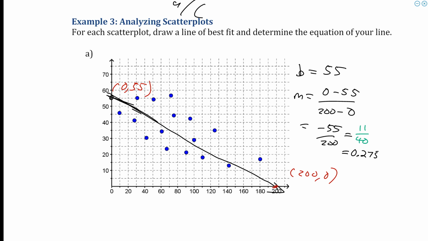Okay, so my equation is y equals negative 0.275x plus 55.